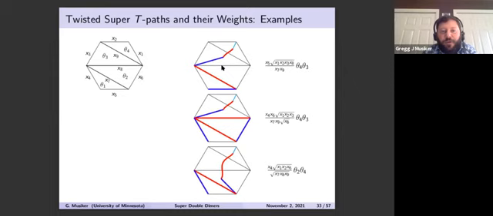And then I'm not going to go through them all, but here are some other examples of super twisted t-paths. So here you, again, start in the same corner and go along this edge, then this middle edge. And then it's only at the very end that you would do sigma edge, teleportation, sigma edge.